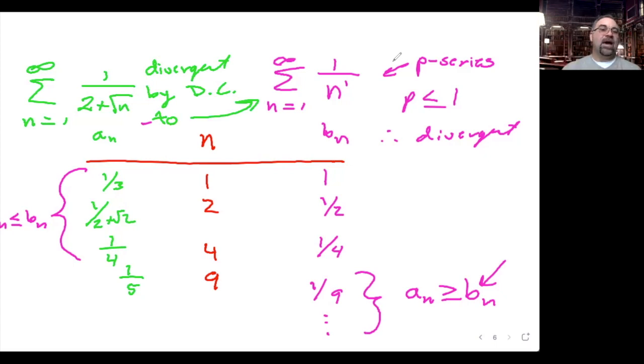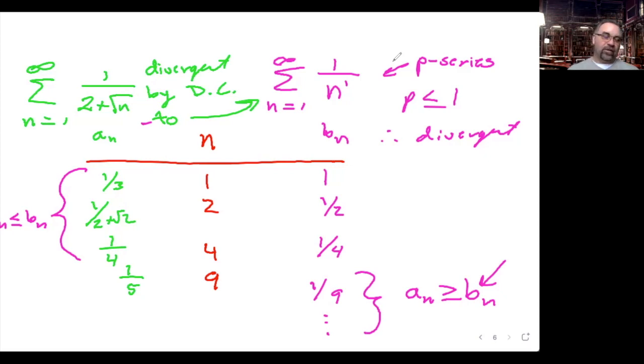What matters is that after a finite number of terms, b sub n was the smaller one. And since it was blowing up, a sub n had to diverge as well.